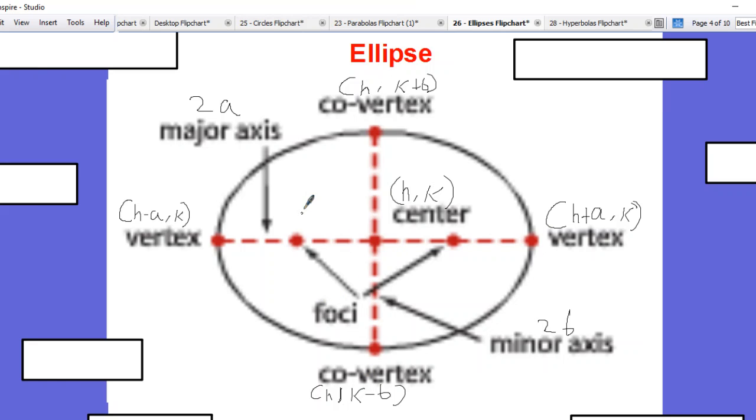For our foci, this focus is going to have a value of h minus c, comma, k, and this focus will have a value of h plus c, comma, k. And this is because our focus is a focal length of c away from the center.